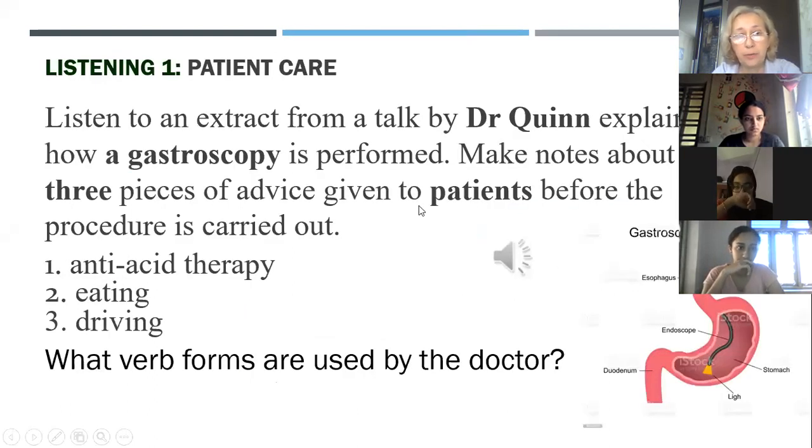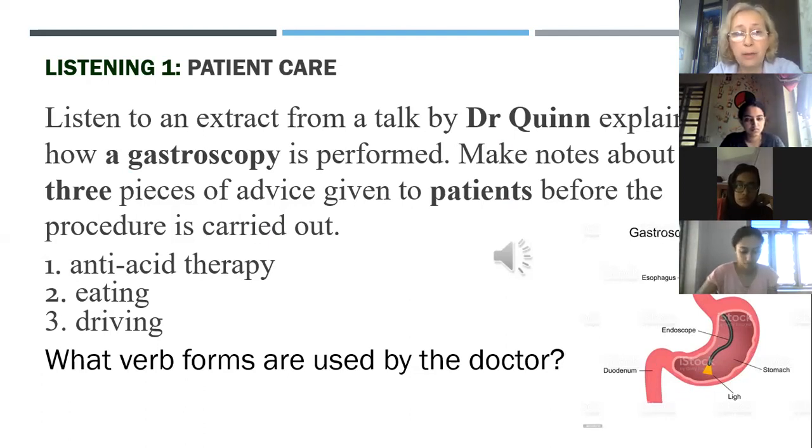Well, there is one more example of such an instrument or a procedure shown on this slide. As you can see, this is the gastroscopy procedure shown on the diagram on this slide. And now we are going to listen to an extract from a talk by Dr. Quinn.